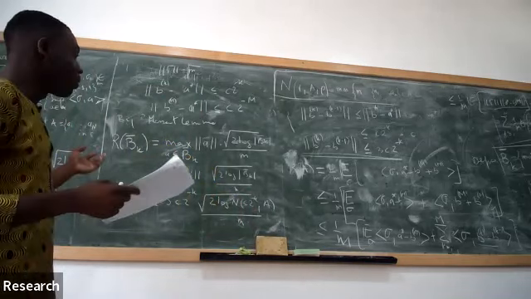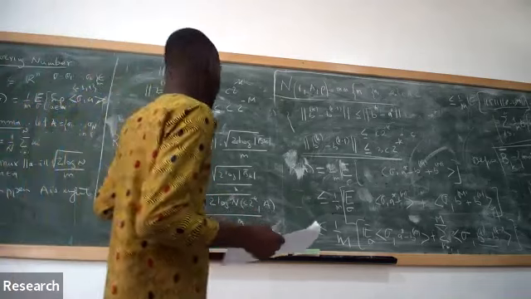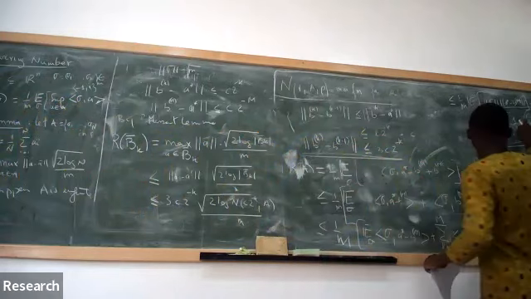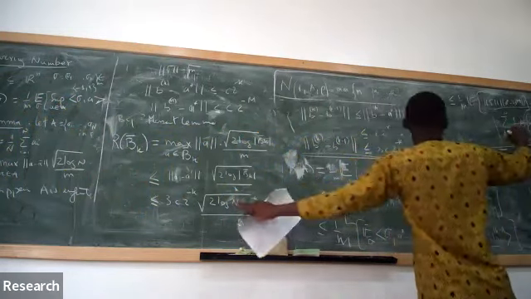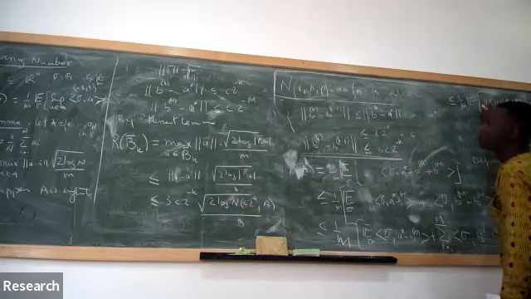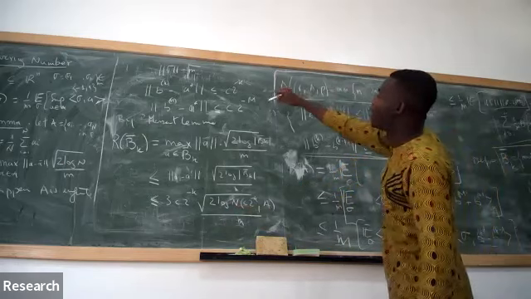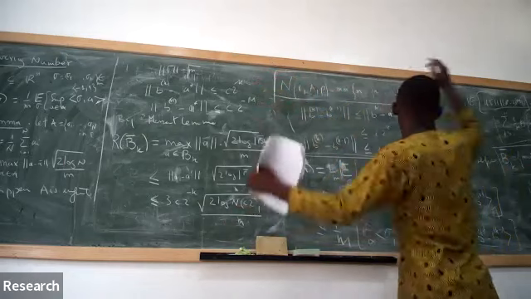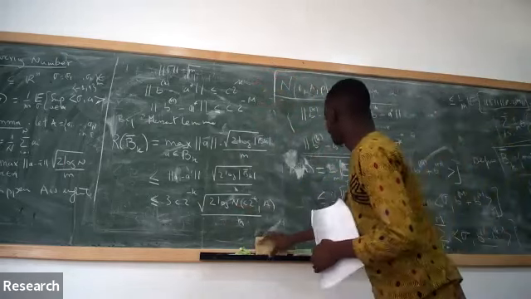Okay, so now I can combine. I bound this by this quantity, and this is bounded by the quantity square root of m over 2cm. So combine the two together.